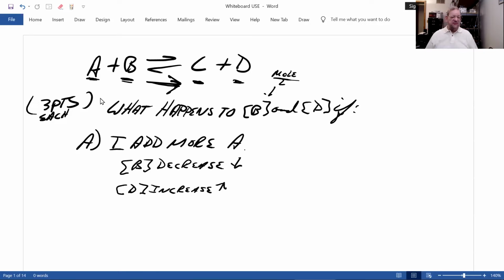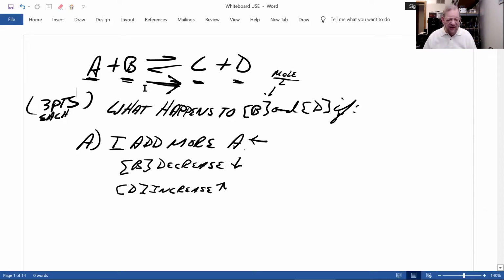And that's Le Chatelier's principle. The stress was I added more A. At equilibrium, there was a certain amount of A. Now there's too much A. And it goes, oh no, we've got too much A. We've got to get rid of this excess A. Well, it reacts with B, it's consumed, and when A plus B react, it makes more C and D. So when it reacts with B, B is consumed, there's less, the amount decreases, and when you make more C and D, the amount of D increases.